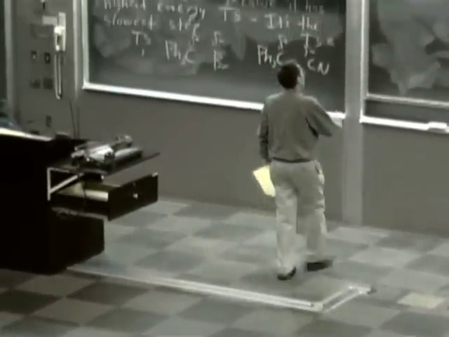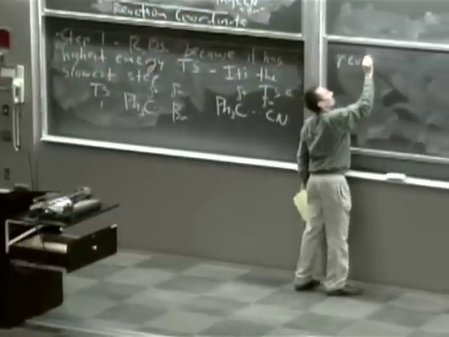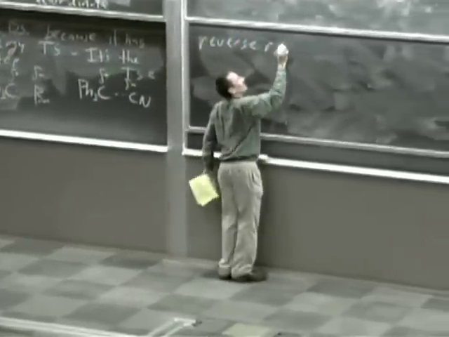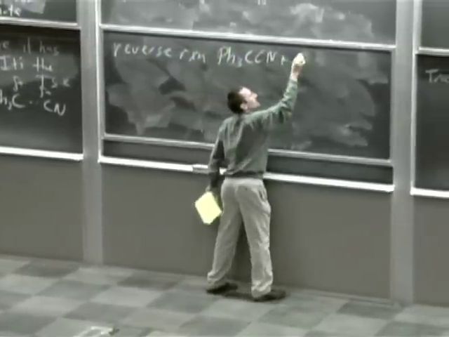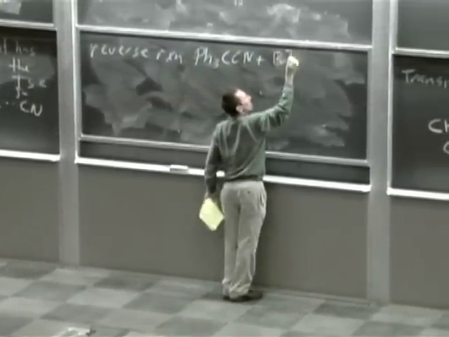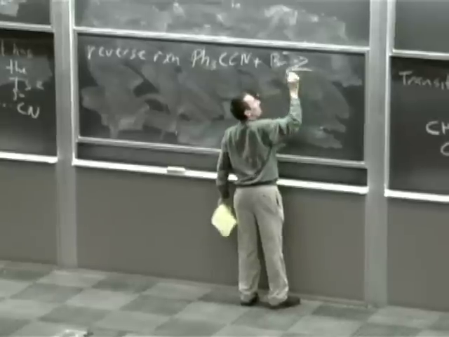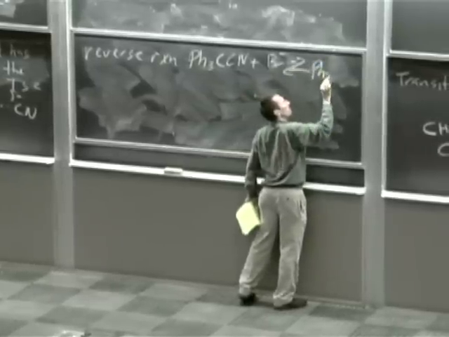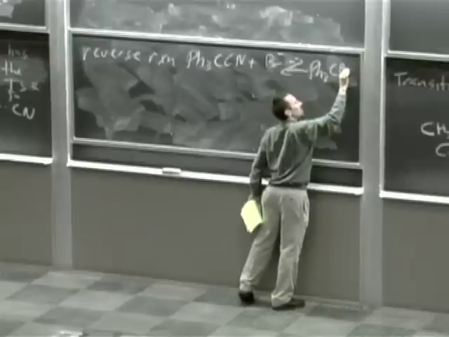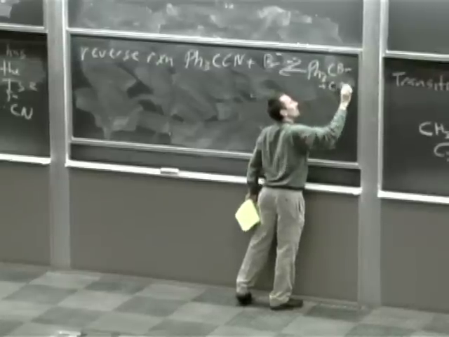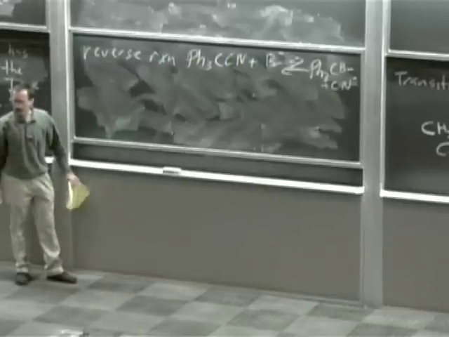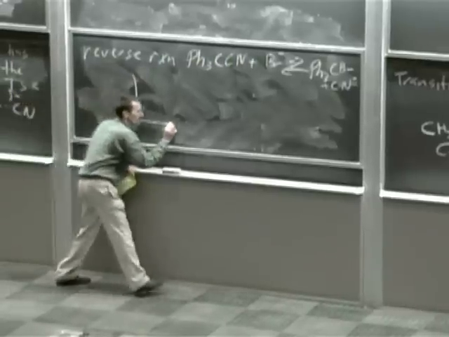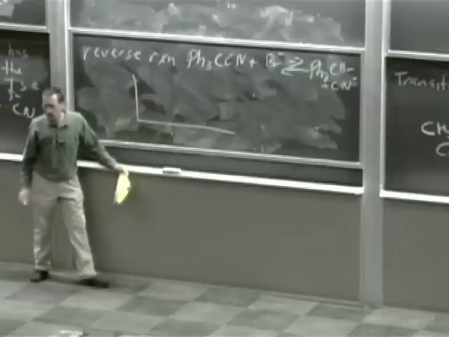So if we look at the reverse reaction, of the product plus bromide anion, I'll draw this as an equilibrium lying way to the left. The reaction diagram, the energy diagram for this reaction, it's an uphill reaction.